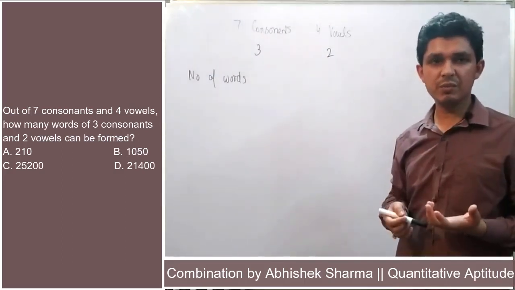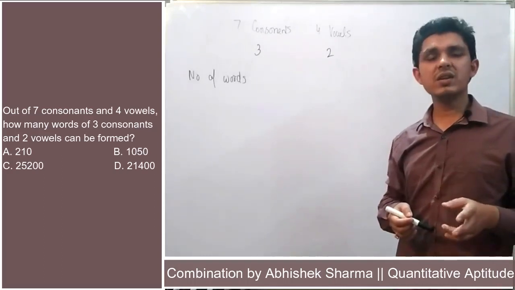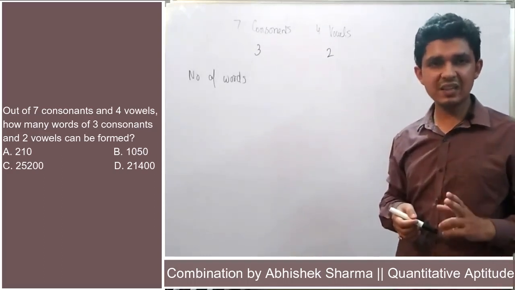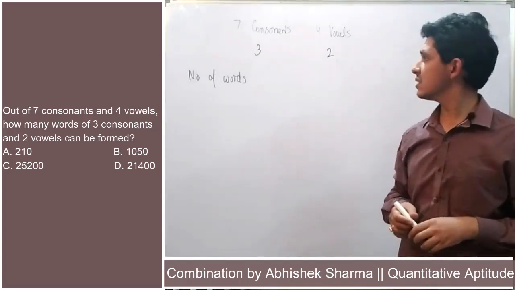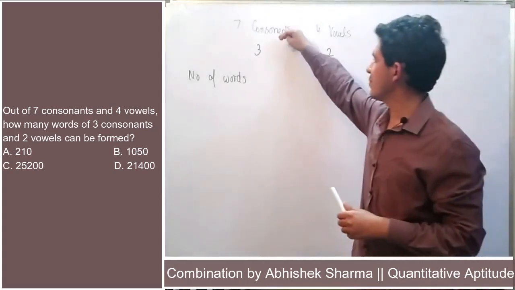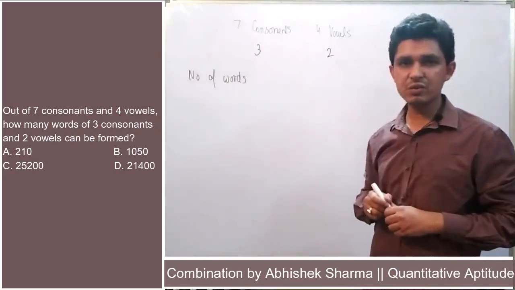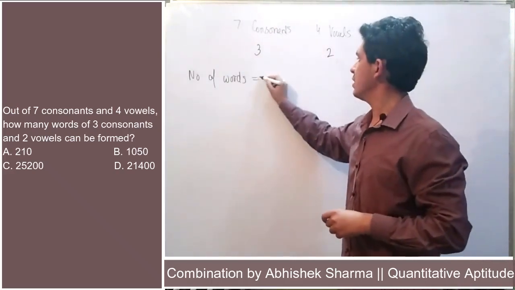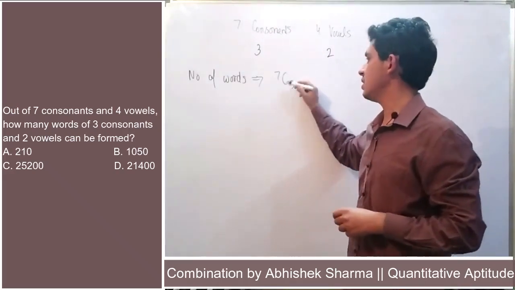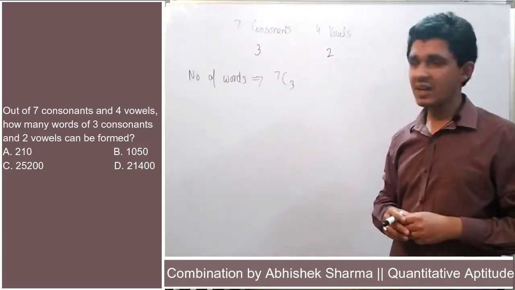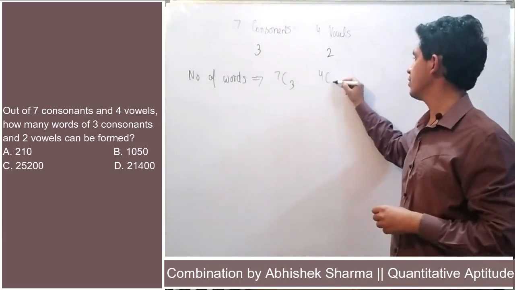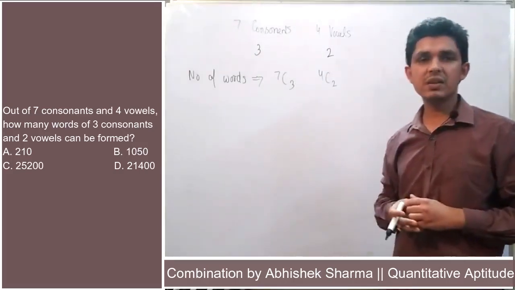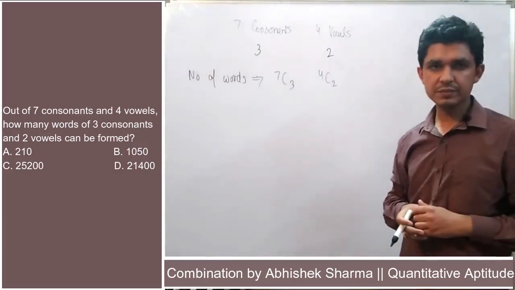In this question we are given 2 parts, selection as well as arrangement. Coming to the first part, selection, we simply select 3 consonants out of 7 consonants. So this will be done in 7C3 ways. And in the second part, we just select 2 vowels out of 4 vowels. This will be done in 4C2 ways.